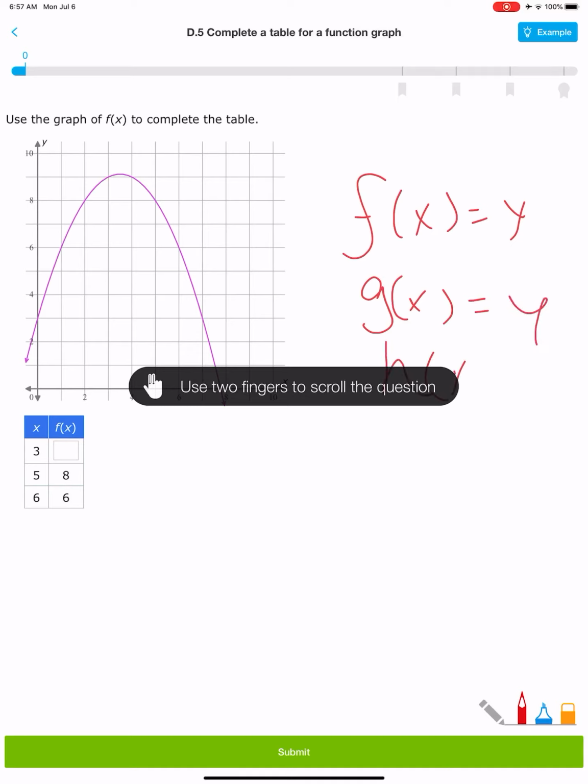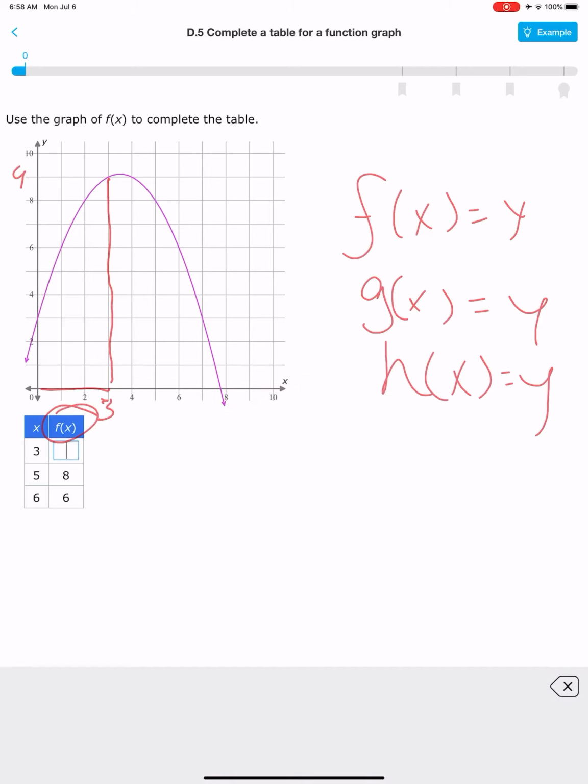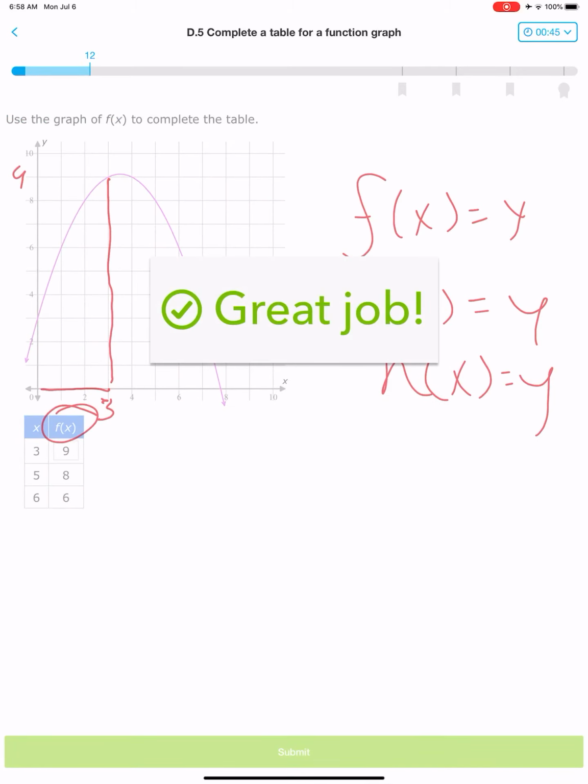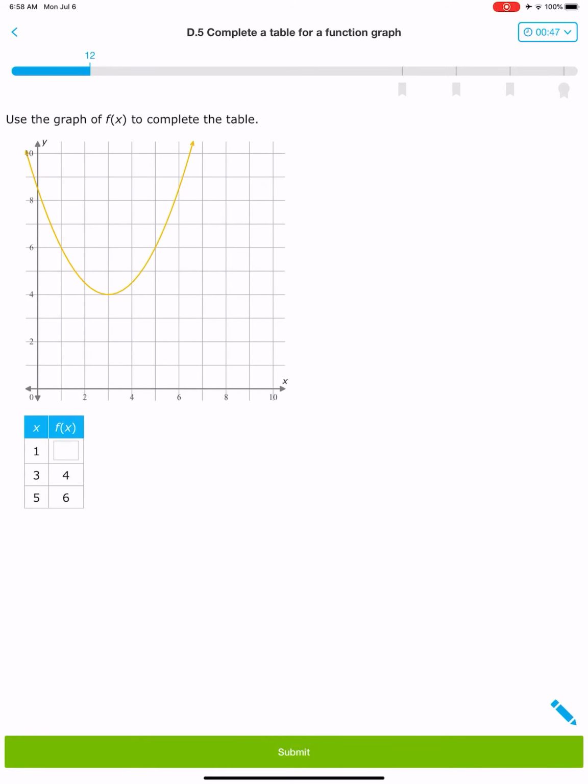H of x, y. They all mean y. So if x is 3, we go all the way to 3. This is the number 3 right here. This is our x-axis. Then our y is 9. Okay?